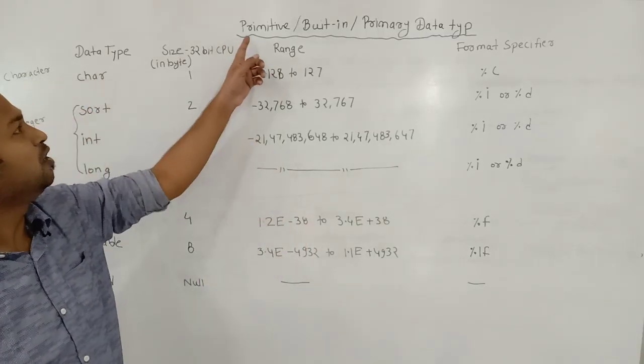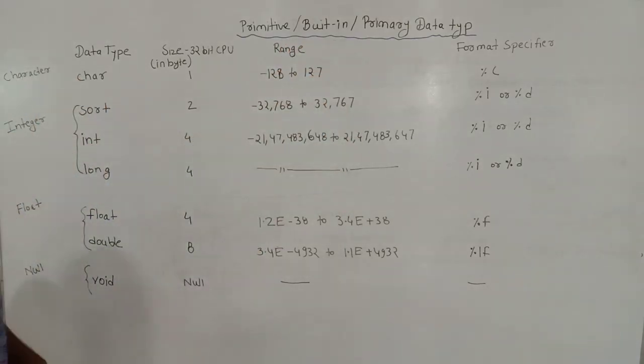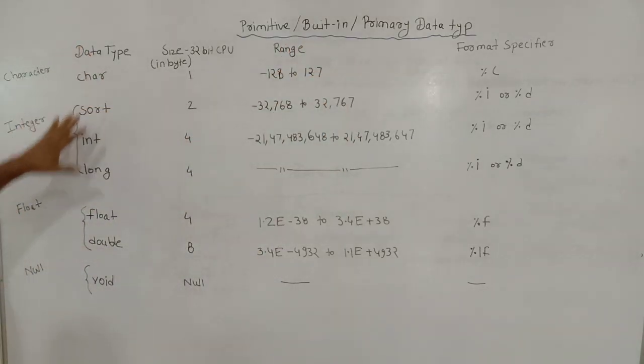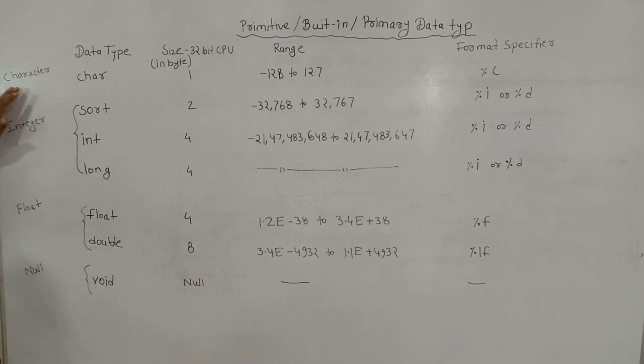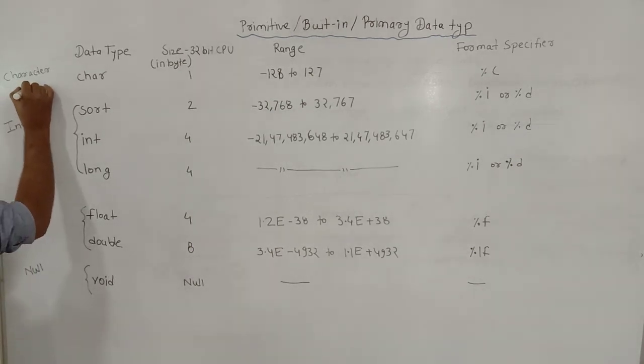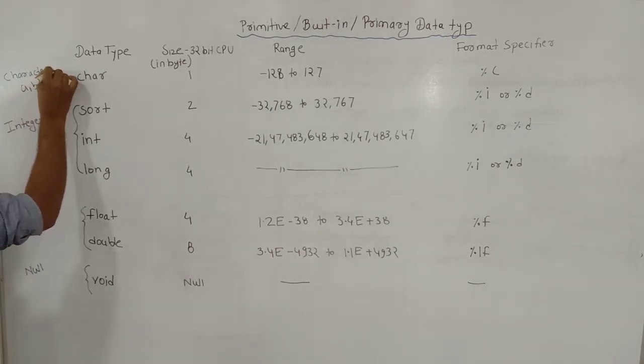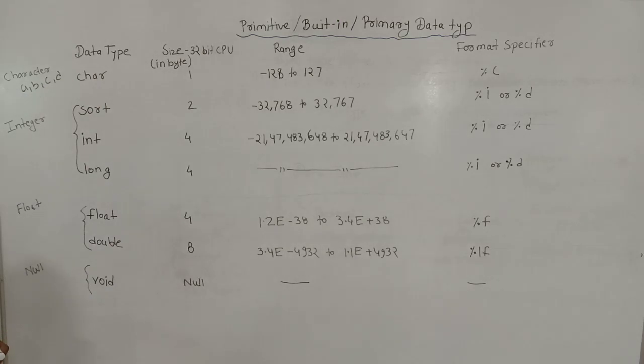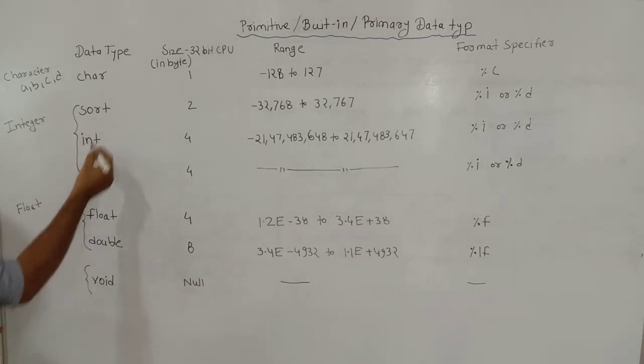So these are the primitive data types, and primitive data types can be divided mainly into four categories: character, integer, float and null. We already discussed character data. A, B, C, D are examples of character data. And there are three types of integer data type: short, int, long.